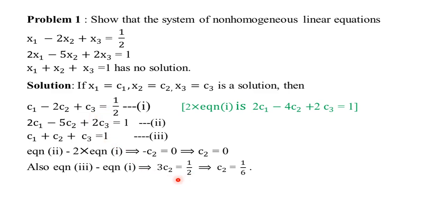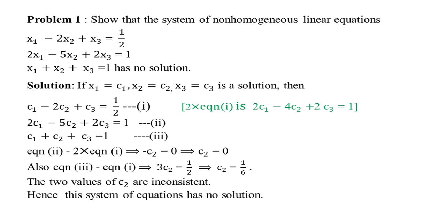So we have 3c2 equal to half. By cross multiplying, c2 equal to 1 by 6. Students, here we notice that there are two values for c2, one is 0 and the other one is 1 by 6. These two values are inconsistent. Therefore, the system of equations has no solution.